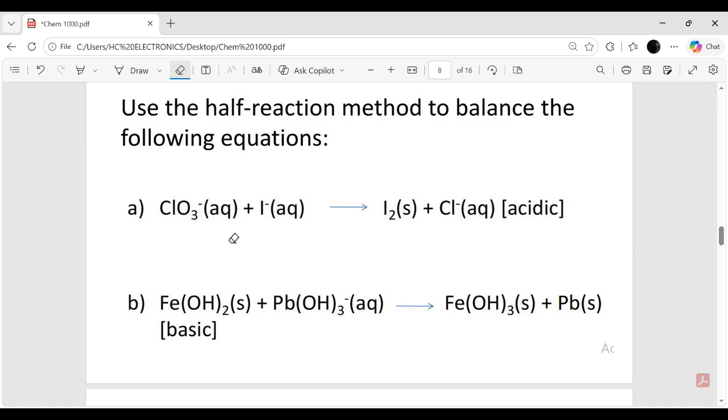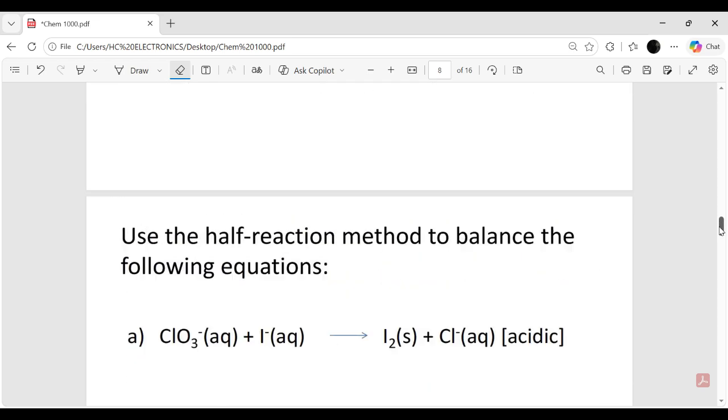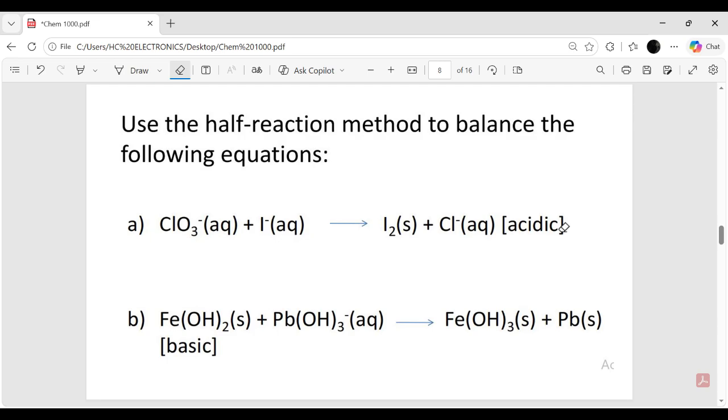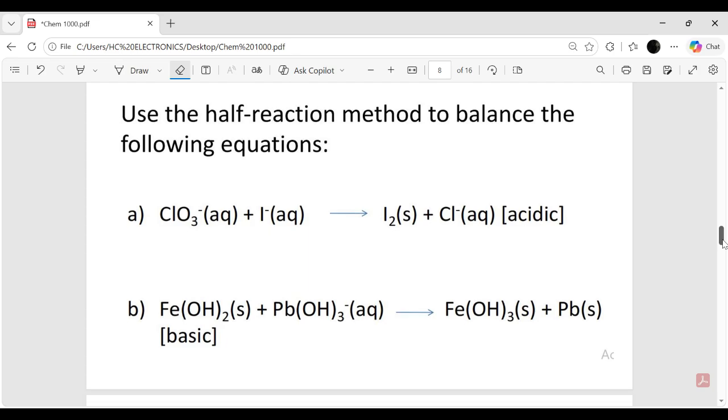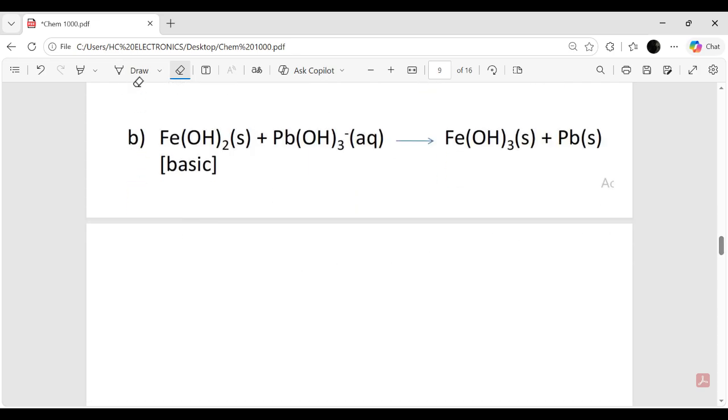So let me start with one question. Okay, then I'll leave the second question because I don't have enough time. So the first question is saying use the half cell reaction method to balance the following equations. Okay, so you have A, okay.